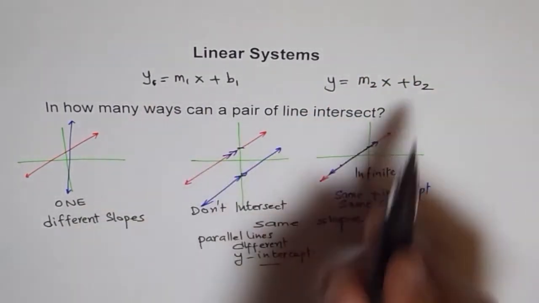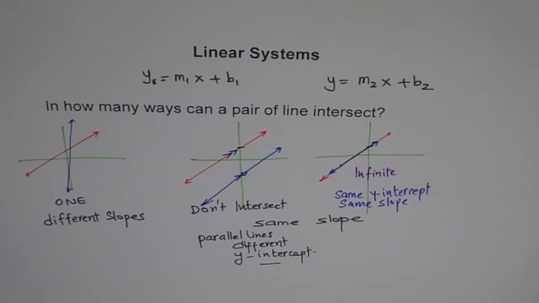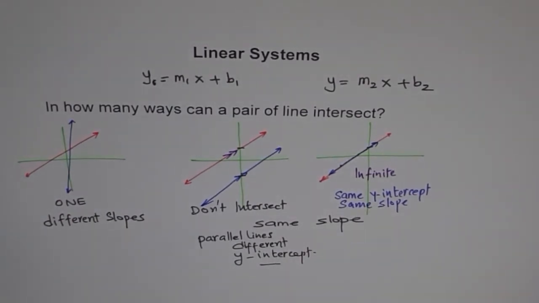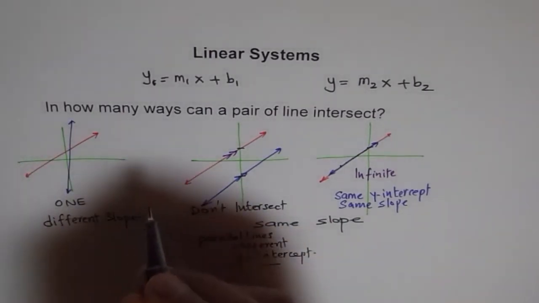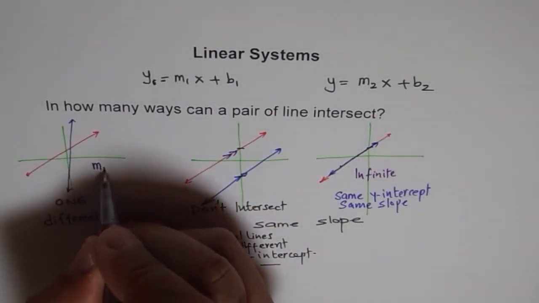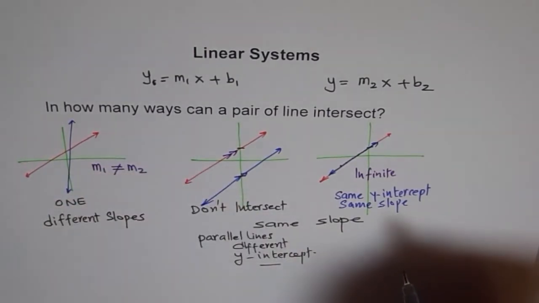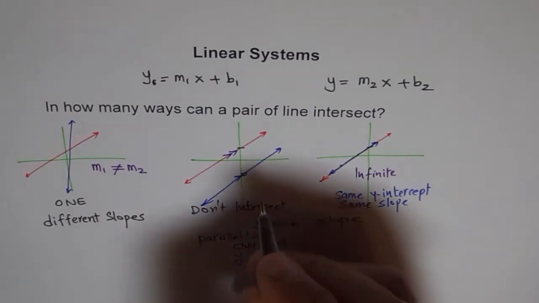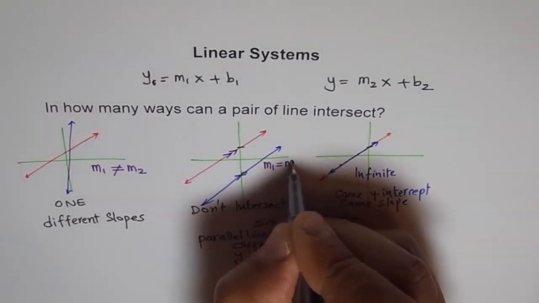Let us say we have these two different lines, right? In that case, what do we have? Here we can write our solution as they are intersecting. That means we have m1 is not equal to m2, correct? In this particular case, we have m1 equals m2.